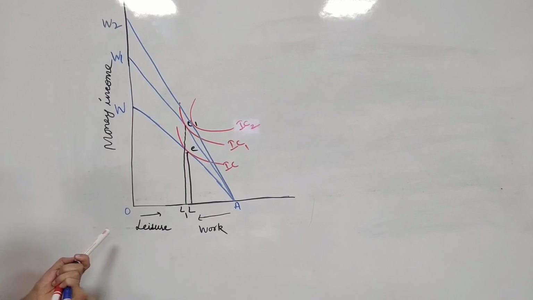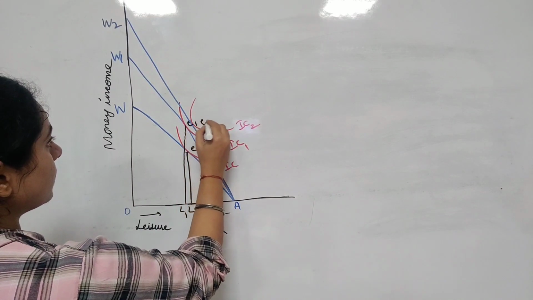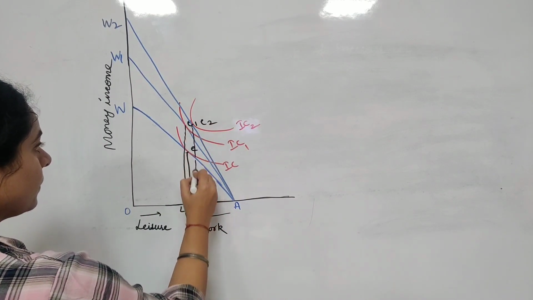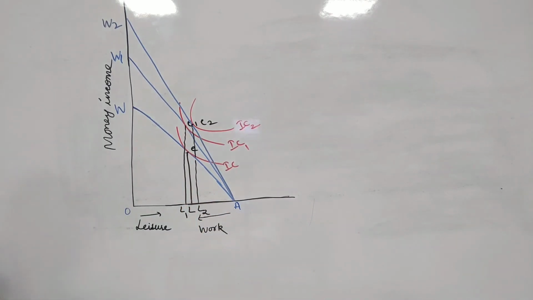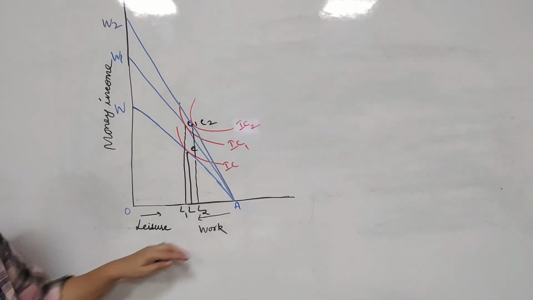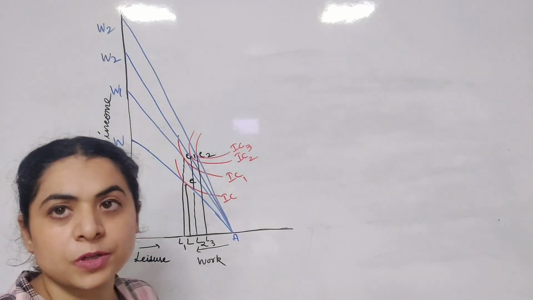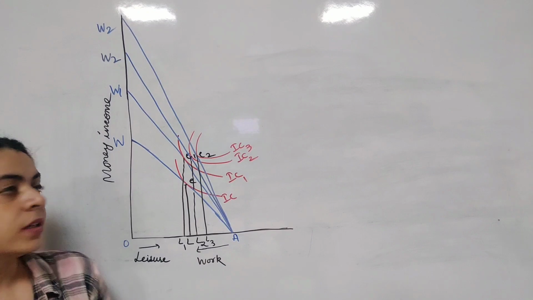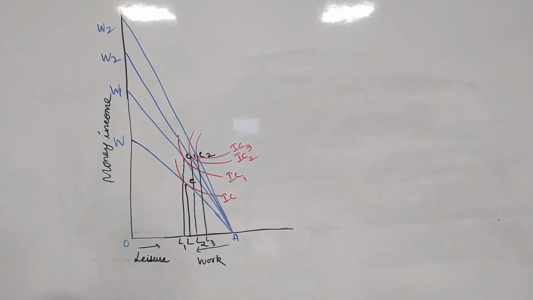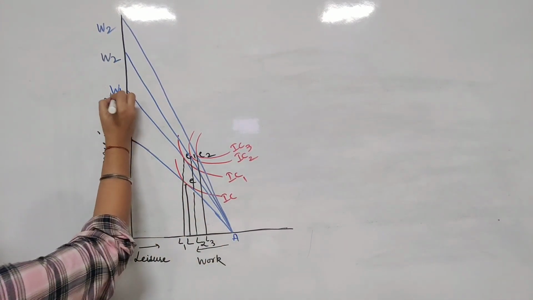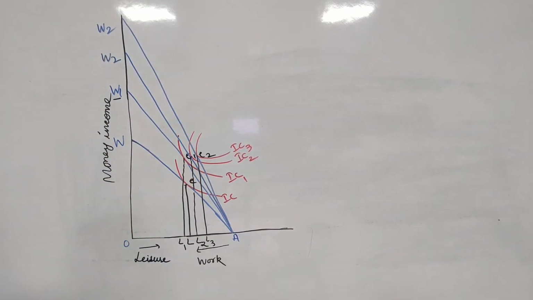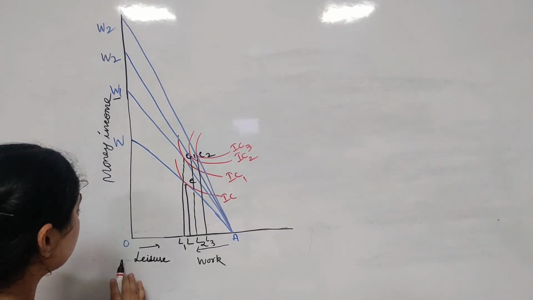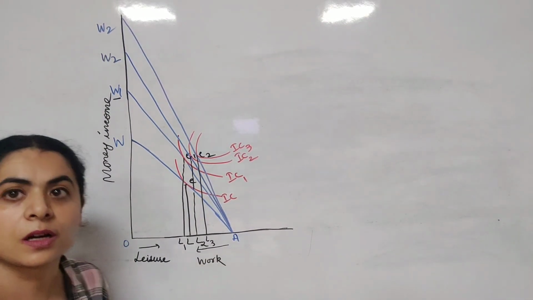So now the individual is in equilibrium at point E2, and there is a fall in the number of working hours. The individual in the given case prefers leisure to working hours. So after the wage rate of W1, each time the wages of this individual increase, he prefers leisure hours over work hours.